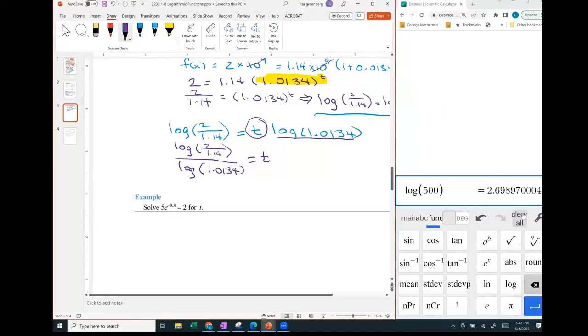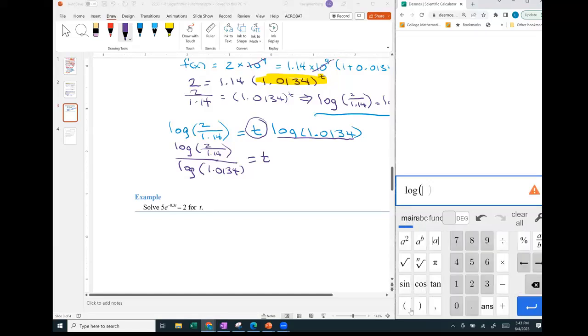Now I can just put this into my calculator. So let's do it. We get the log of, so let me go back to main, 2 divided by 1.14 and parentheses. Why did it give me the extra parentheses? I don't know, but I don't need it. That's all I need.